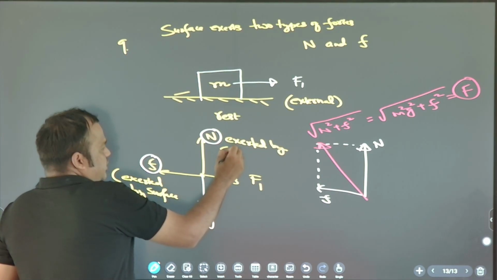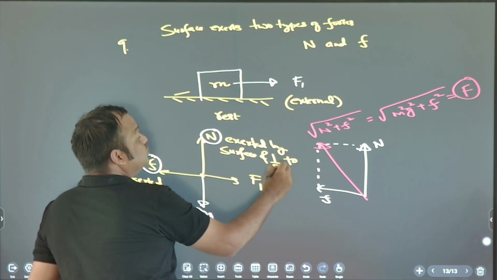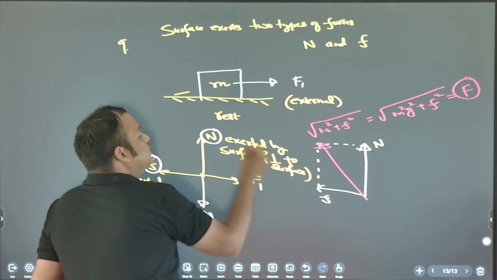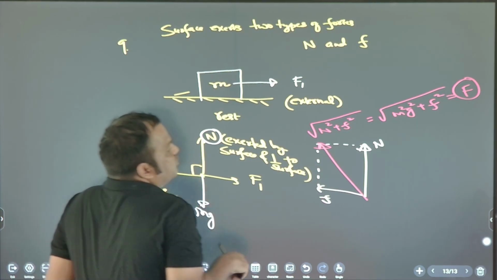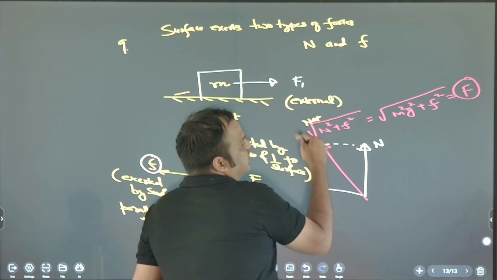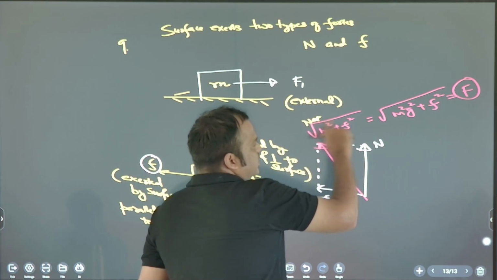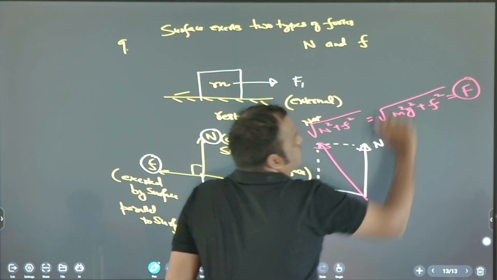So there are two forces, and what is the angle between them? 90. So what is the resultant? This is the net force exerted by the surface. Okay, understood? So square root of n square plus small f square is F. Okay, clear?